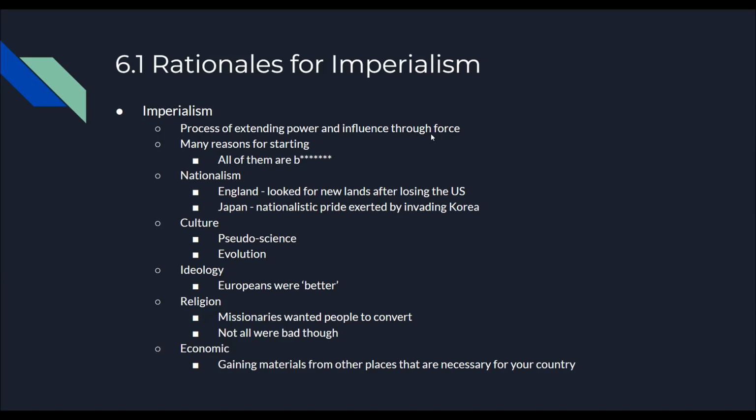You also had religion, in which missionaries wanted people to convert. This was also a prime factor in causing imperialism. Like with Christopher Columbus going to the islands in North America, you had missionaries come with him, and missionaries came to other territories in order to gain more followers.